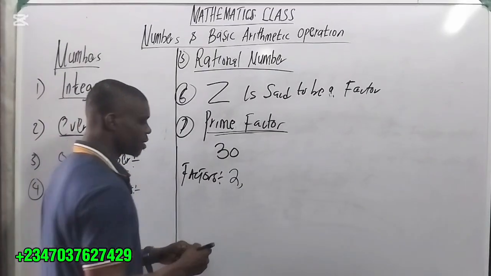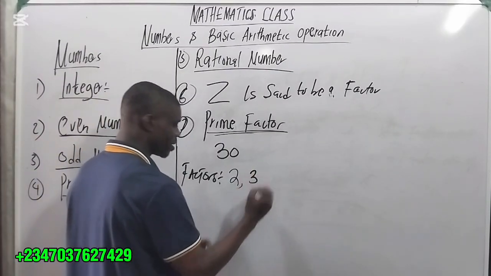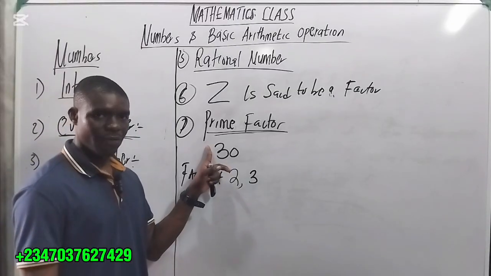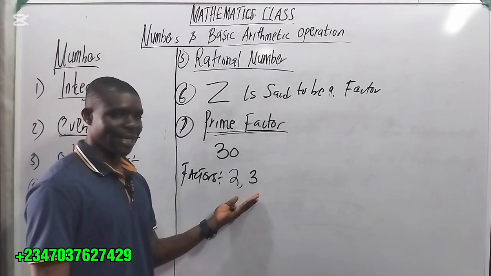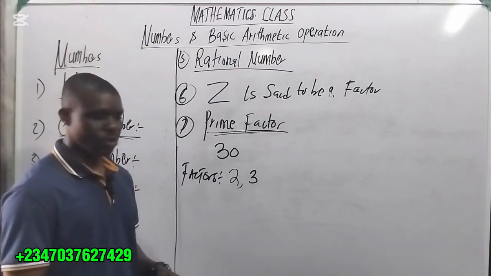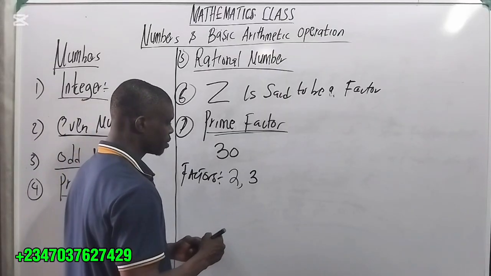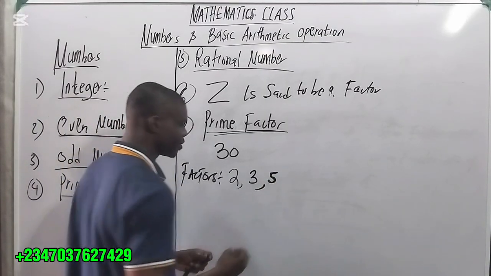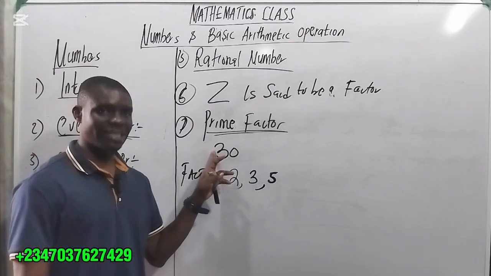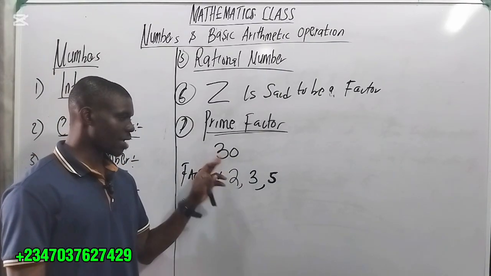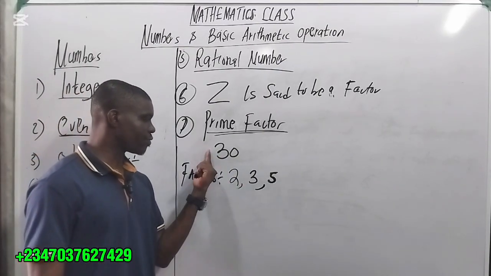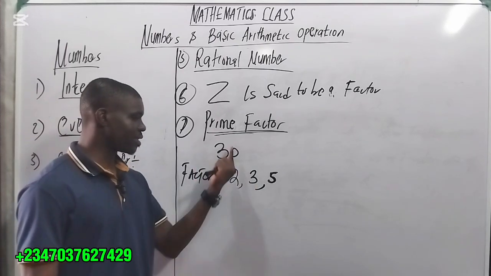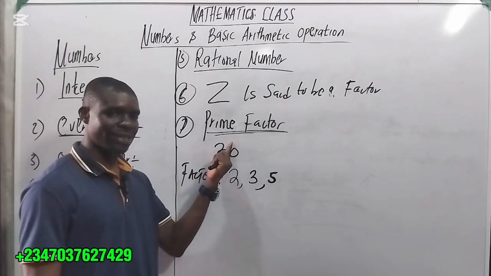Another one is 3. 3 can go into 30, giving 10. Can 5 go into 30? 5 going into 30 is 6. So 2 is a factor of 30, 3 is a factor of 30, 5 is a factor of 30.